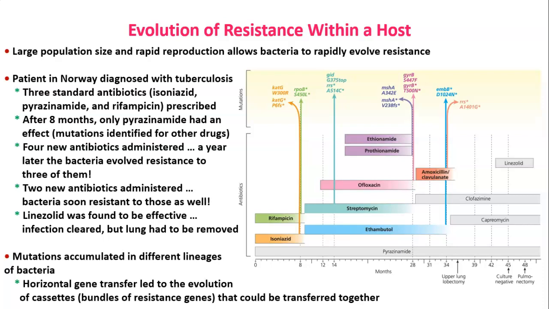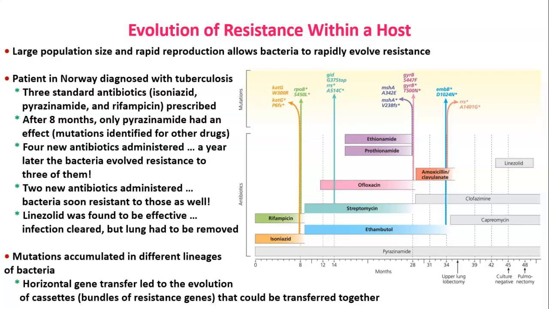Now, there's a patient in Norway several years ago who was diagnosed with tuberculosis, and 3 standard antibiotics were prescribed. After 8 months, only pyrazinamide had an effect on the tuberculosis bacteria.